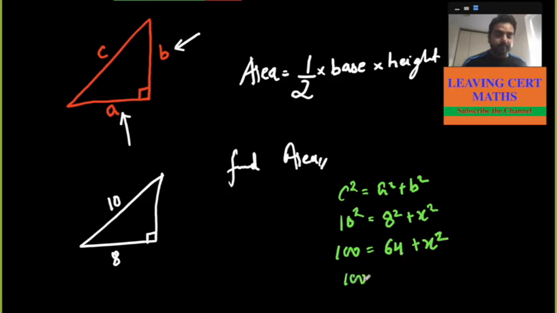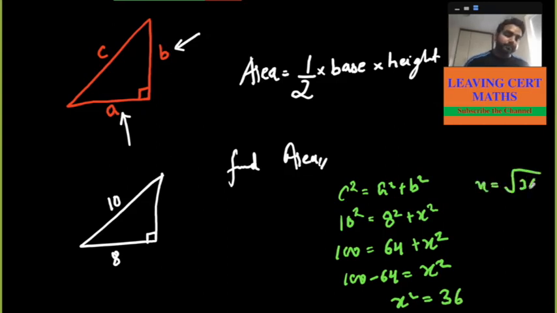So 100 minus 64 is 36. So X squared equals 36. So X equals 6.